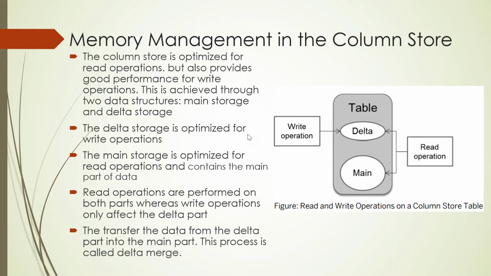For the column tables, what happens when they are loaded into the memory? The column tables have two parts. The main part is the main data of your HANA system, and whenever you perform a write operation, the delta part is also created.